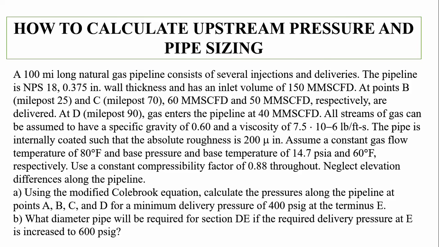The pipe is internally coated such that the absolute roughness is 200 micro-inch. Assume a constant gas flow temperature of 80 degrees Fahrenheit and a base pressure and base temperature of 14.7 psig and 60 degrees Fahrenheit respectively, using a constant compressibility factor of 0.88 throughout. Neglect the elevation difference along the pipeline.